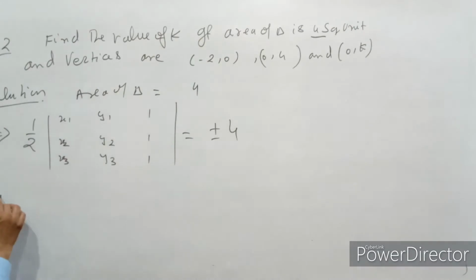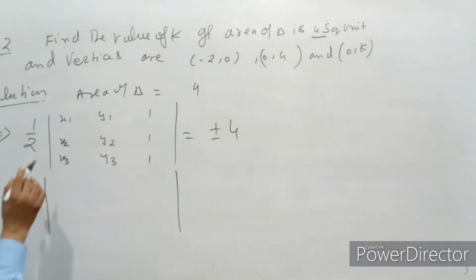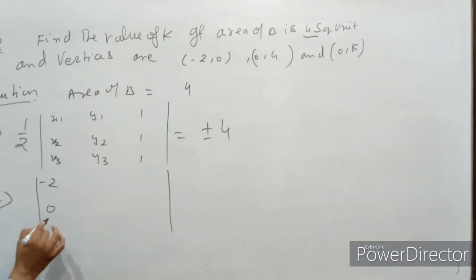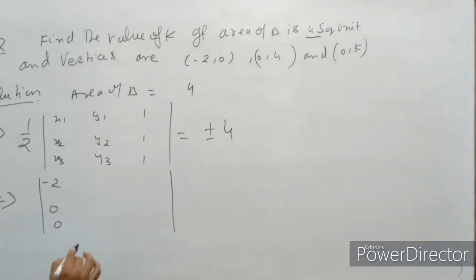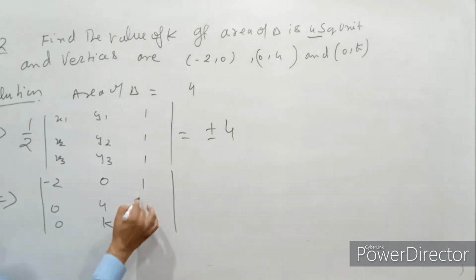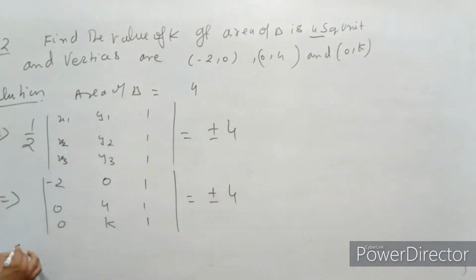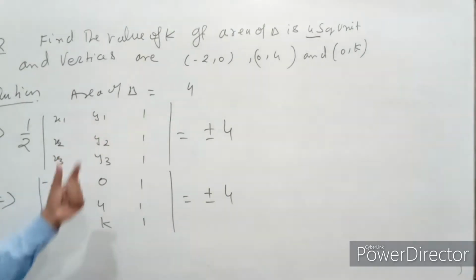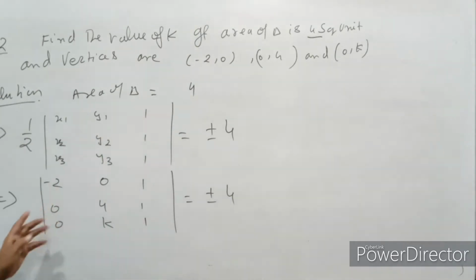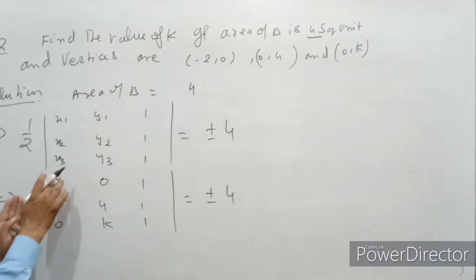We put in the values of x1, x2 and x3: -2, 0, 0 and 0, 4, and k, 1, 1, which is equal to plus or minus 4. Now we determine the value of this determinant, expanded along the first column.